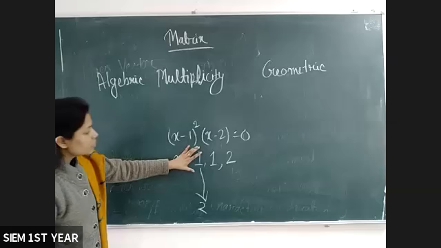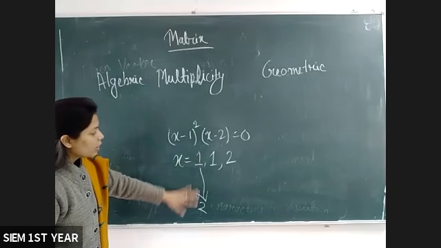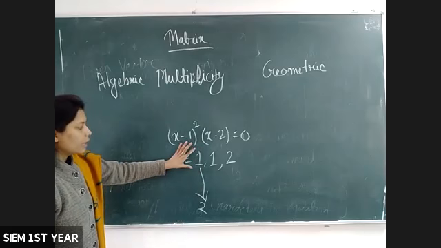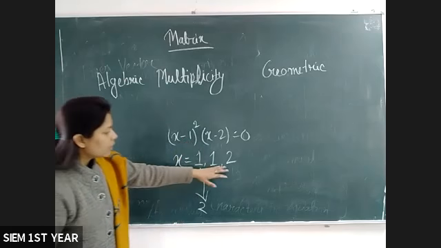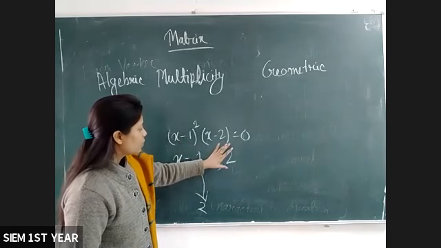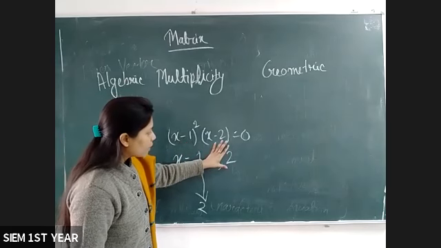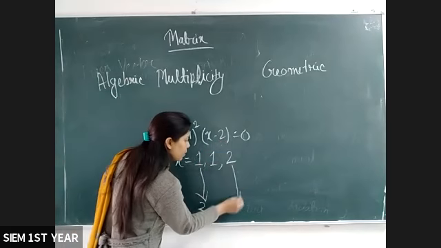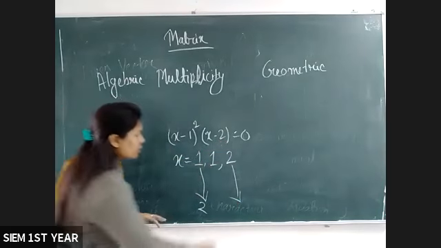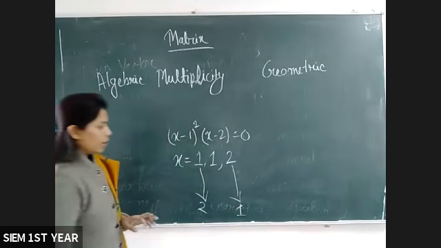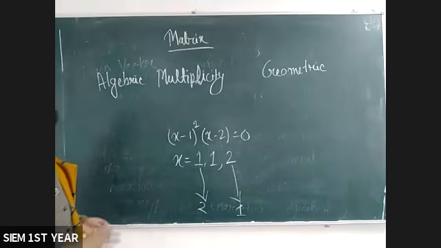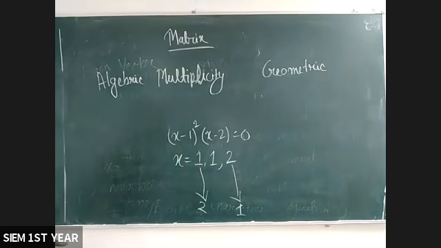How many times each eigenvalue occurs is called the algebraic multiplicity of that particular eigenvalue. Similarly, for eigenvalue 2, here 2 occurs only one time. So algebraic multiplicity of 2 is 1. Clear? I just repeat the concept.